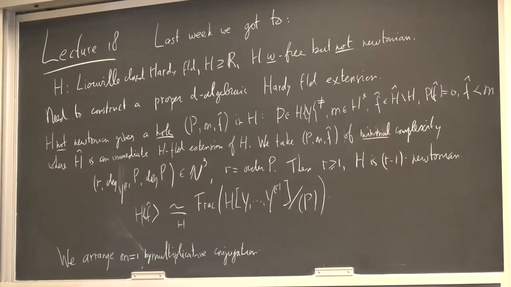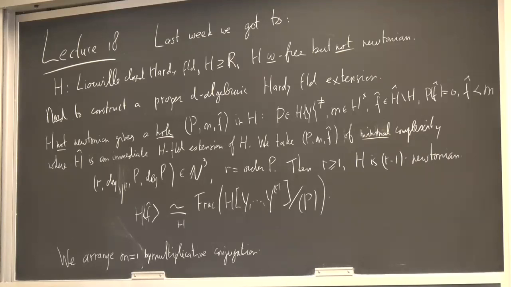Right, so H hat is an immediate H-field extension of H. And I should emphasize it's not necessarily a Hardy field extension, because if that were the case, we would already be done, right? It's just an abstract H-field extension.